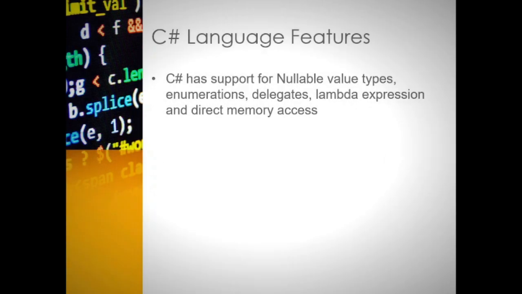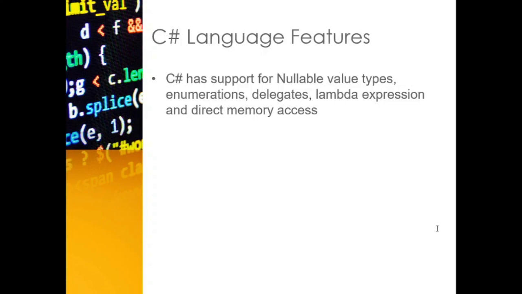Let's have a look at some more C Sharp language features. C Sharp has support for nullable value types, enumerations, delegates, lambda expressions and direct memory access. Now what is a nullable? It is a nullable value type.